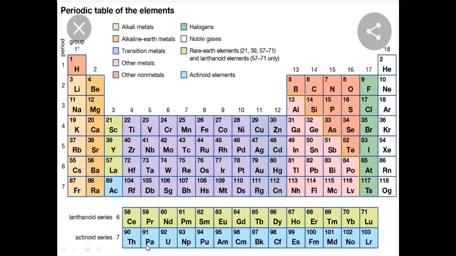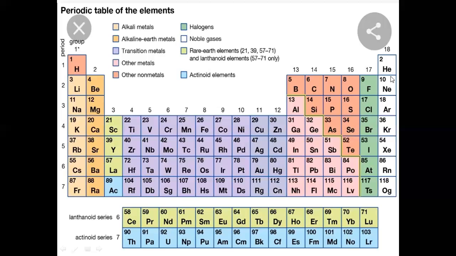So as I told you, all the elements in the periodic table are arranged on the basis of their atomic number. So we can see that hydrogen has atomic number 1, helium has atomic number 2. Then one more important thing, that the properties of the elements are repeated in a periodic manner, that is the periodic law.